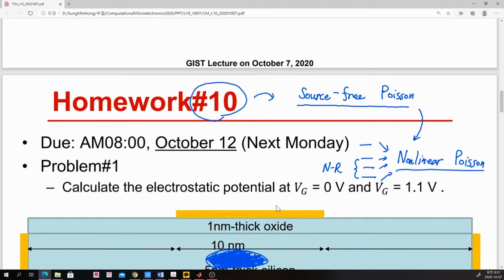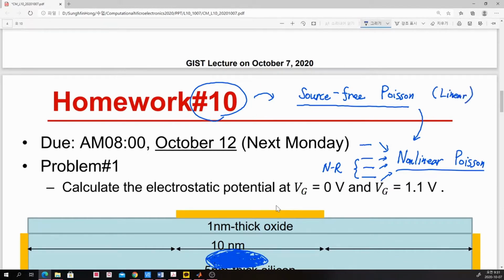In this case, since you have no charge inside, this is just a linear system, and this linear system can be easily calculated. So if you have a problem even in this source-free Poisson equation solver, then the first thing you have to do is to improve it.